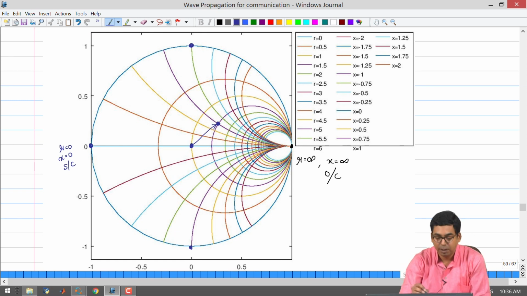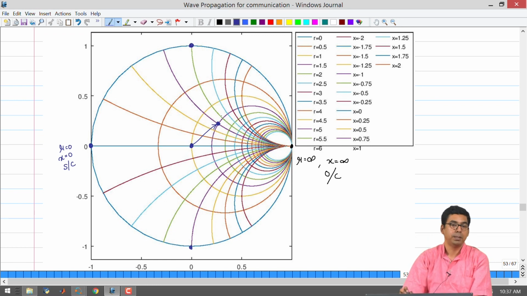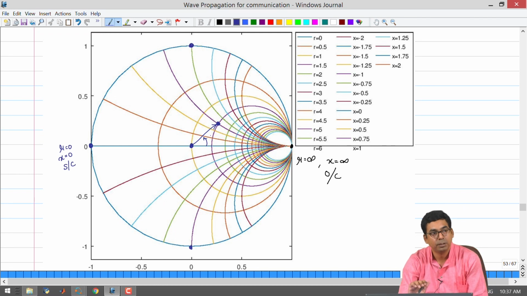In other words, I could take the real part and imaginary part, and express gamma as a real part plus j times some imaginary part. I could also do this in the magnitude-argument form. I could take the distance and say that this is mod gamma, and I could take the angle from here and say that that is the angle of the reflection coefficient. So, this is how you construct a Smith chart. The construction of the Smith chart should be clear.